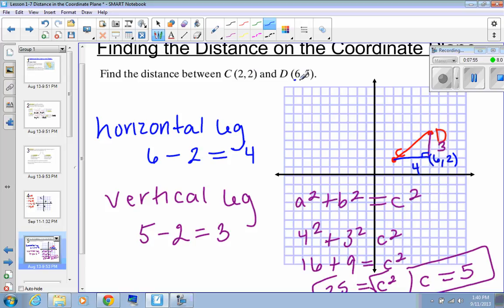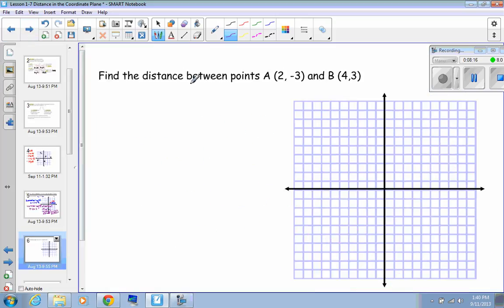So I took 6 minus 2, and then for the vertical leg, I did 5 minus 2. So x values for your horizontal, y's for your vertical. And then I used the Pythagorean theorem like we've been learning about. So let's do another one together.